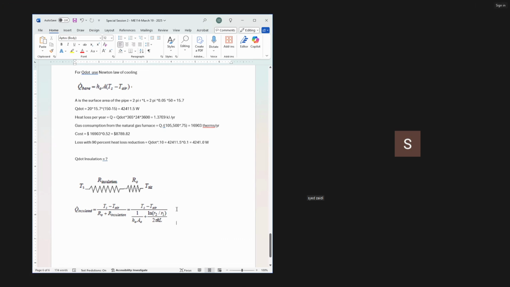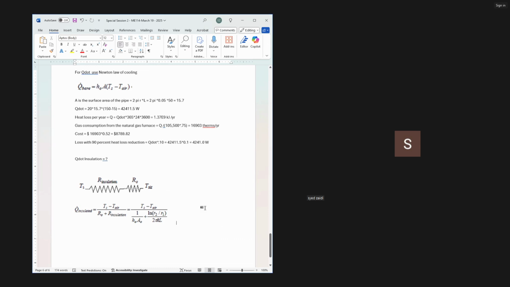So now you put everything in it, and you should be able to get the value of R2. It's a little bit tricky because you have to calculate the R2. The problem is that R2 will appear here as well.